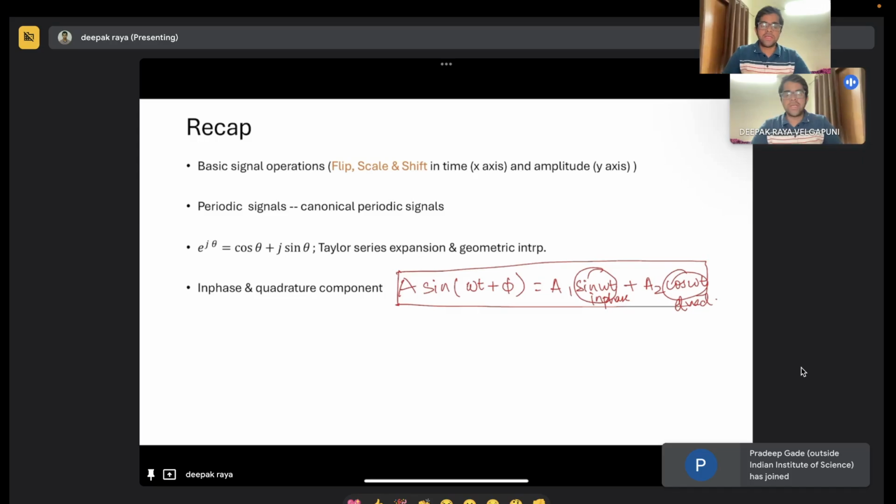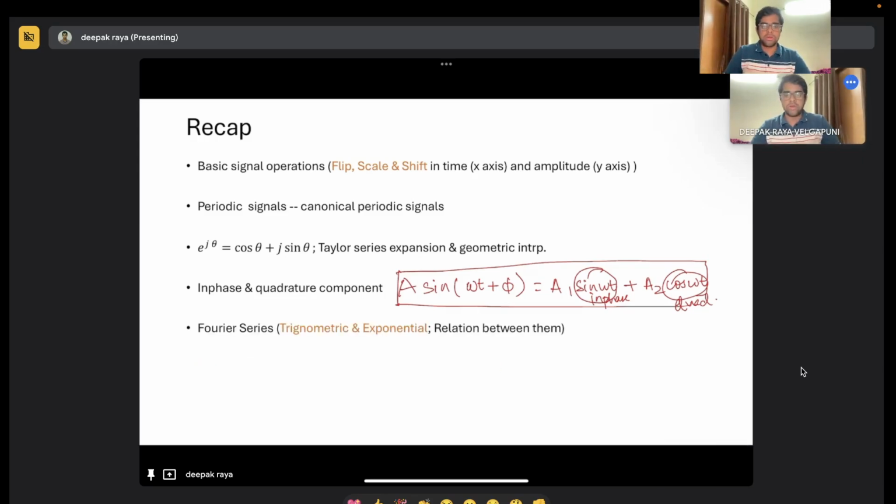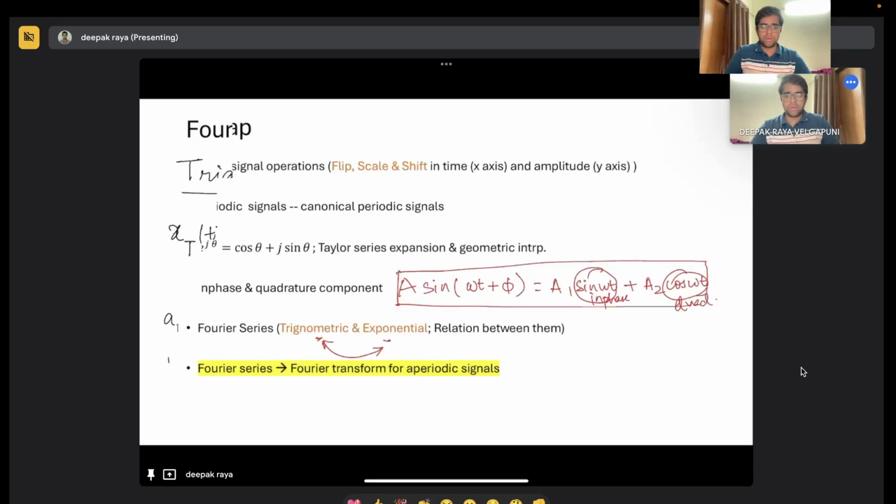And then we have seen different types of Fourier series, the trigonometric and exponential Fourier series, and how they are related with each other, how the coefficients are related. We'll see the equation once again before starting, and then we stop with how we can derive the Fourier transform for an aperiodic signal from Fourier series.